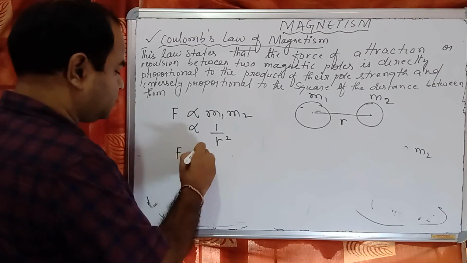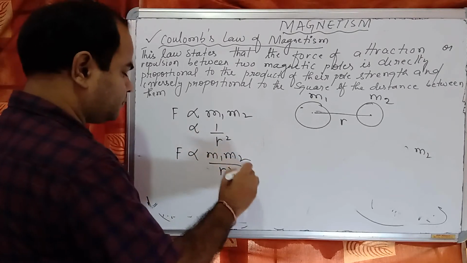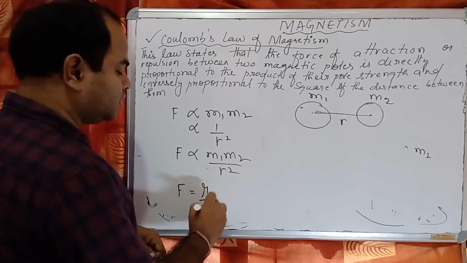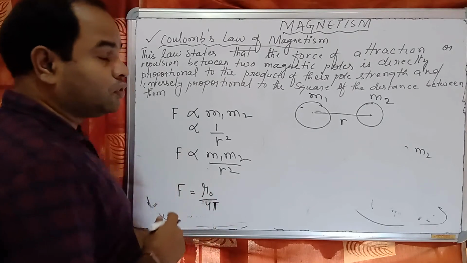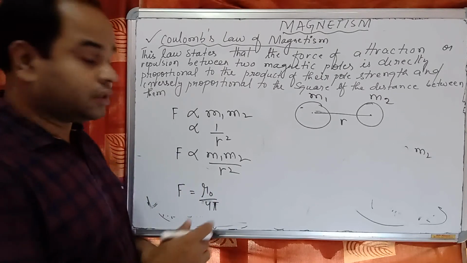So F is proportional to m1 m2 by r square. And the constant of proportionality is mu naught by 4 pi. Mu naught is the permeability. That is important.